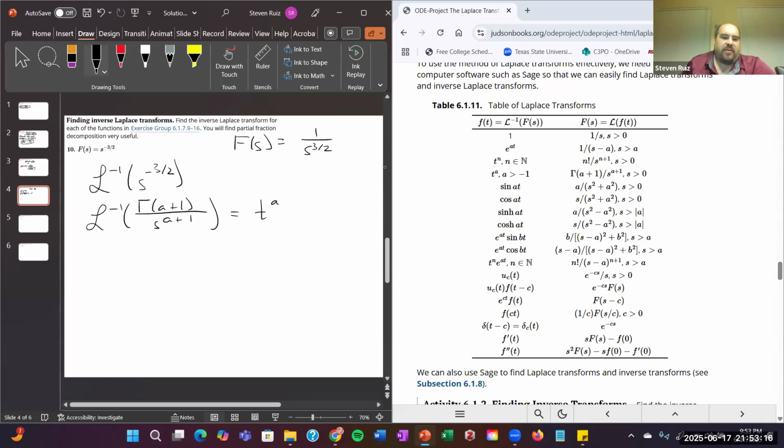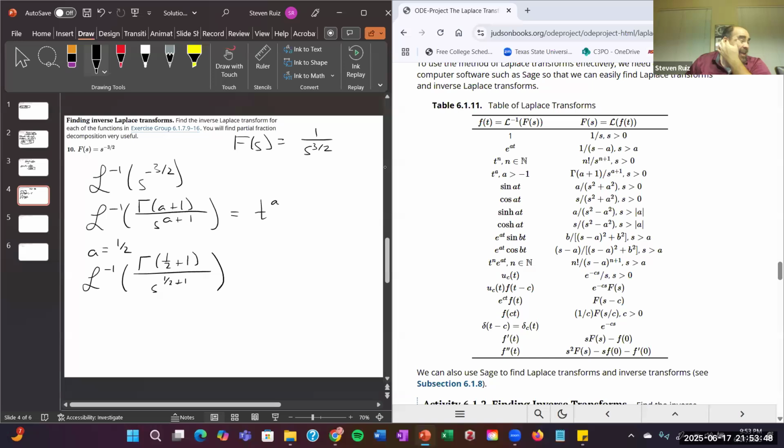I think our a has to be 1/2. So if we plug in that 1/2 for a here, we have the inverse Laplace transform of gamma of 1/2 plus 1 over s to the 1/2 plus 1.